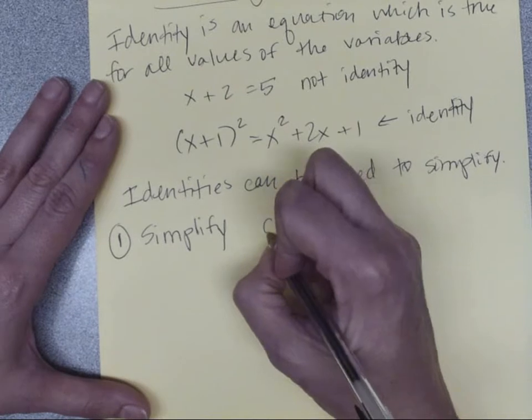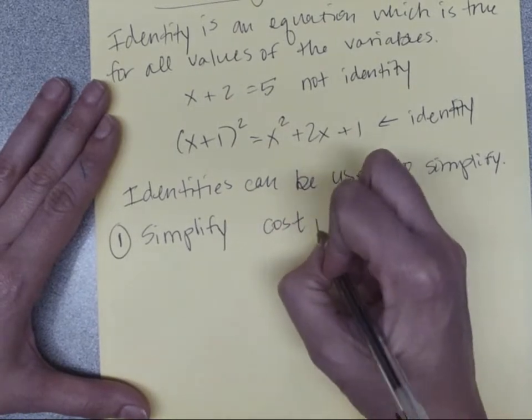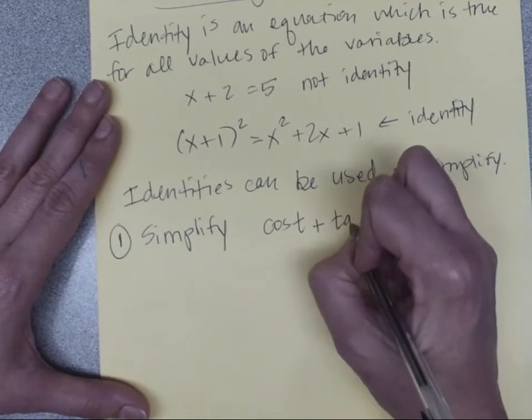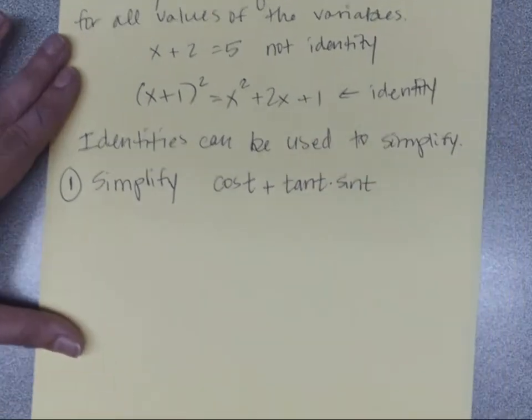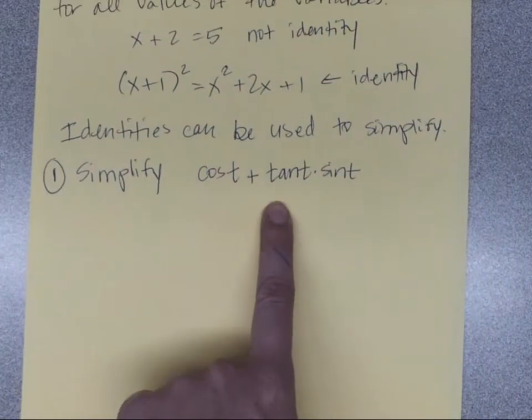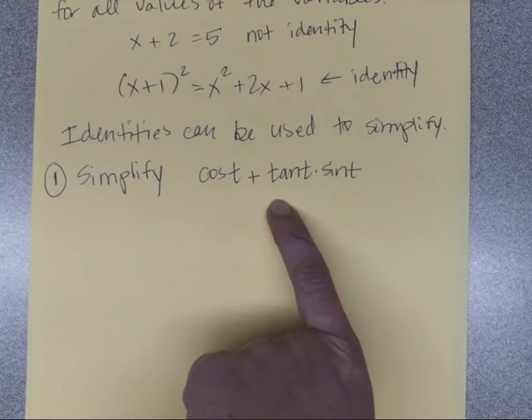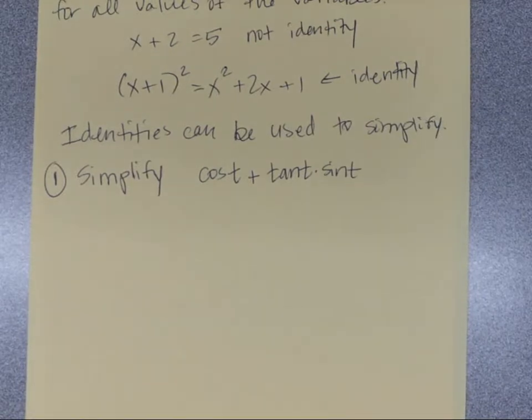And my problem is cosine of t plus tangent of t times sine of t. I want to simplify that trig expression. Okay, it's not super pretty as it is now, but I can plug in some things that I know about trig functions to simplify this.